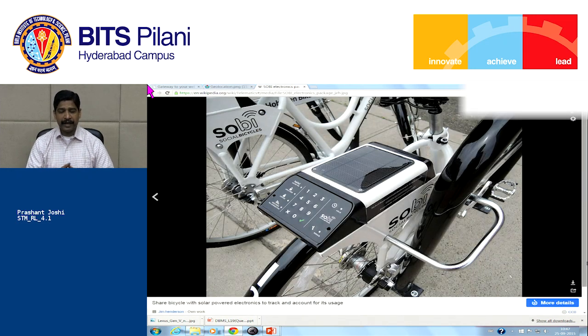Yes, a very simplistic example again, which is a bike, and we have a solar powered electronics which is used to track and account for the usage of the bike.